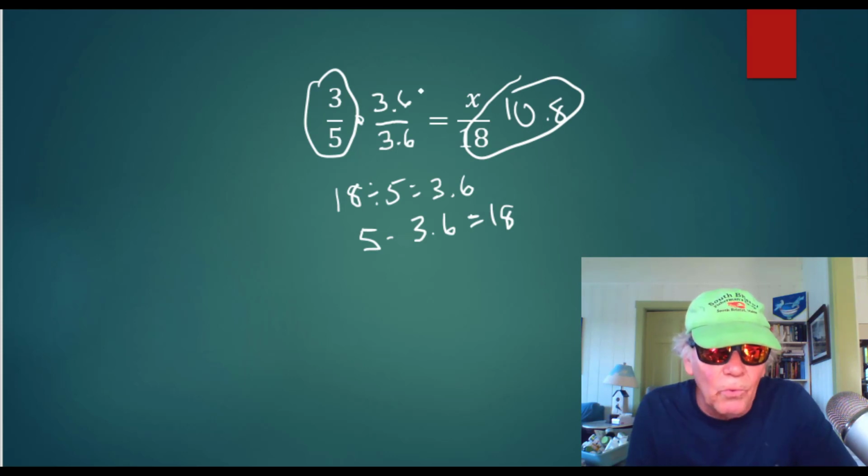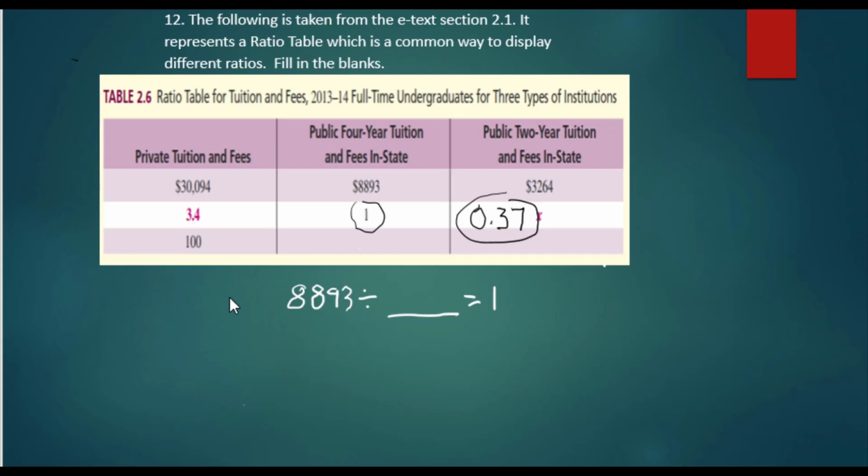Now watch how cool this is, how it works on that ratio table. I'm going to start off showing you how we got this number here, which is 3.4, using this method. So I have 8893 and it's going down to 1. So what would I divide it by in order to get 1? The answer is pretty obvious, hopefully: 8893.